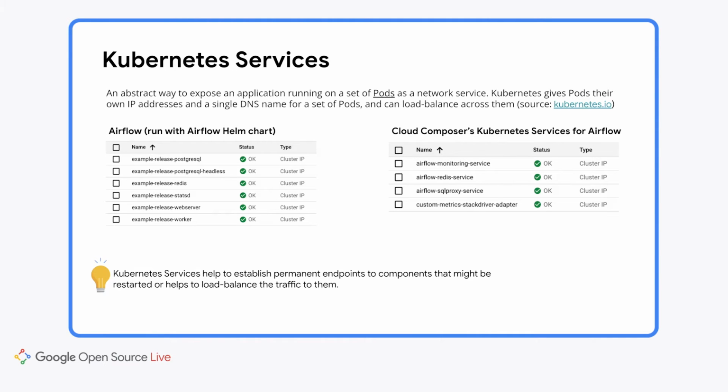One additional feature of Kubernetes services is that they can load balance the traffic between more than two pods. So for example, if you come to a conclusion that you need more web servers to handle more users in your Airflow environment, you can have many Airflow web server pods sitting behind the web server service.